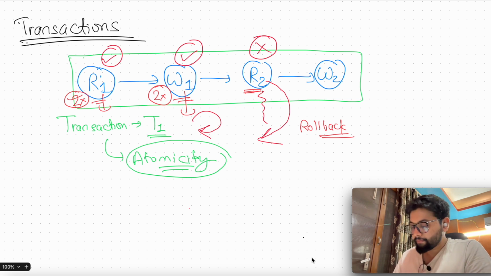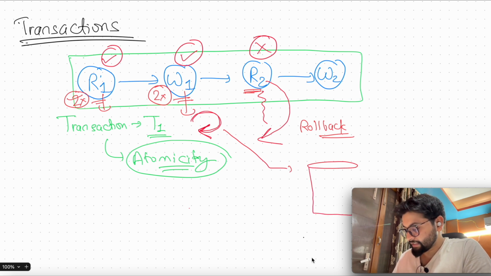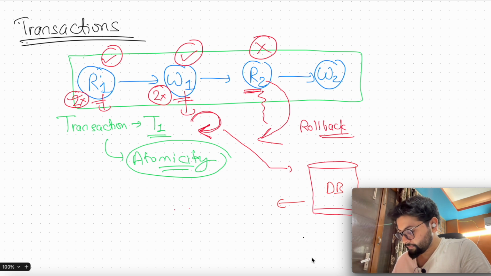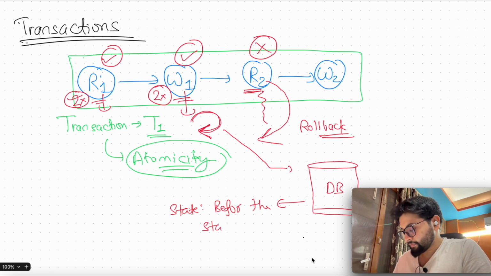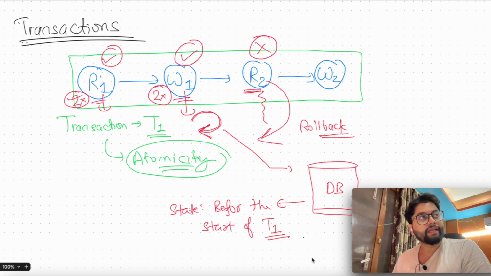But for the write operation we will perform a rollback so that our database stays in a consistent state. Basically our database is returned to the state before the start of T1. So this is what a transaction guarantees.